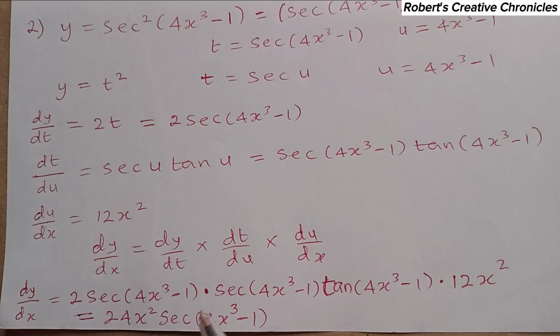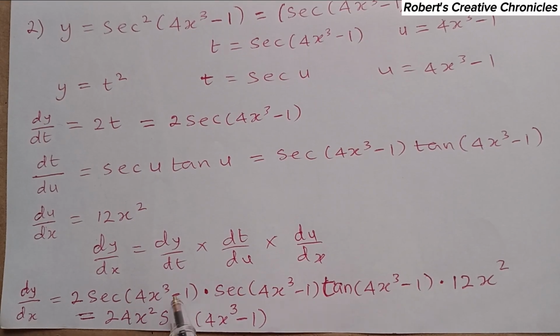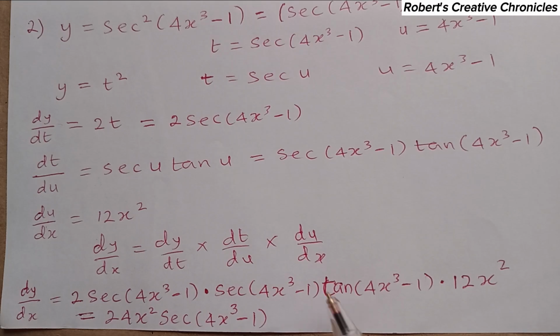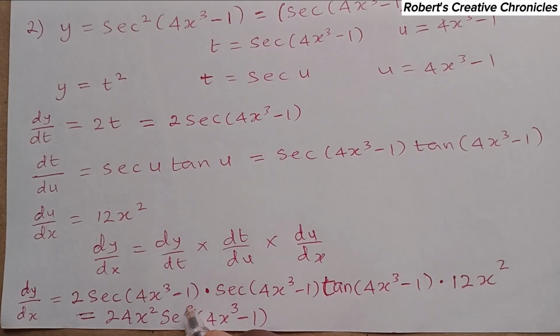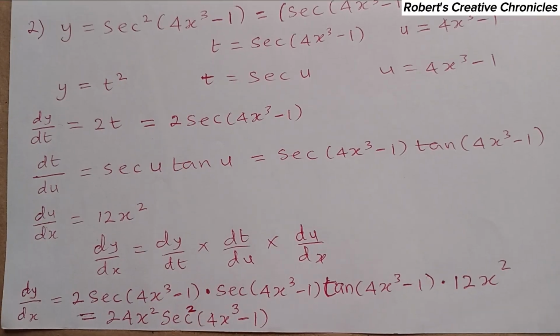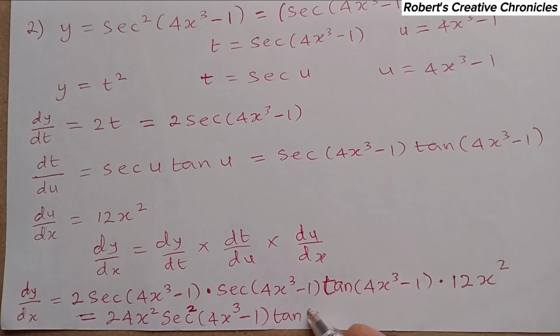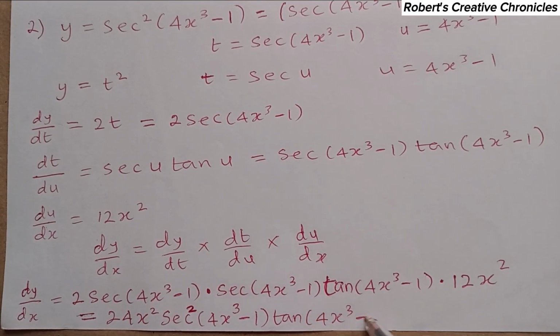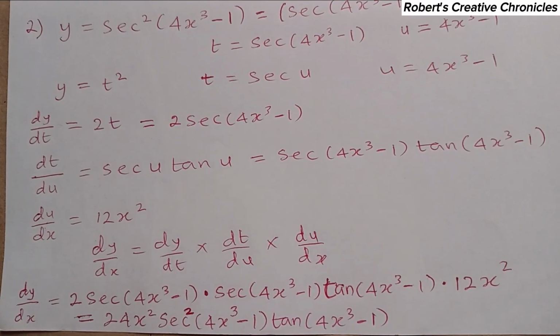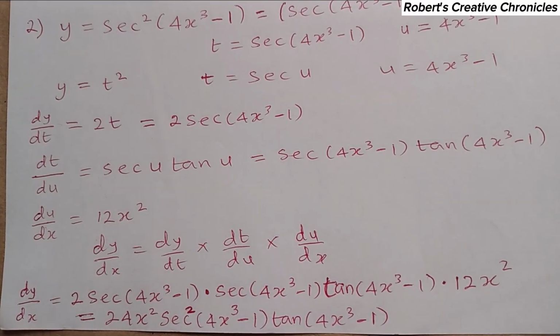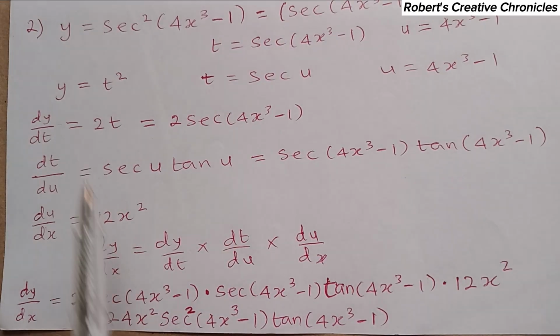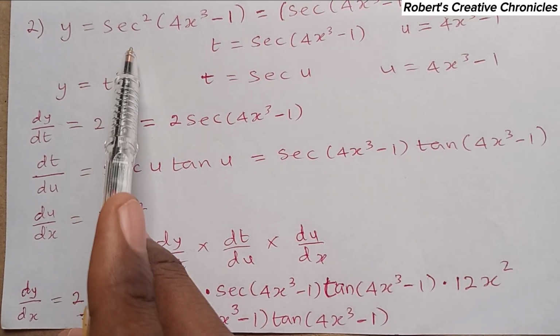Since this one are 2, sec(4x cubed minus 1) times sec(4x cubed minus 1) will be sec squared(4x cubed minus 1), then tan(4x cubed minus 1). So this is the answer. This is the final answer. So this is the derivative of this function.